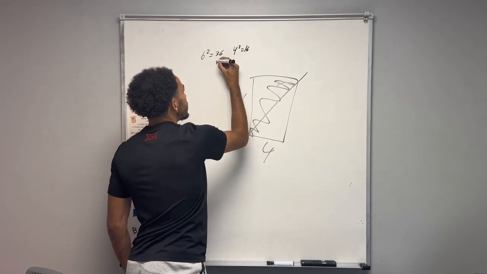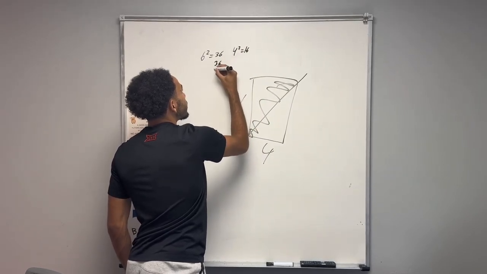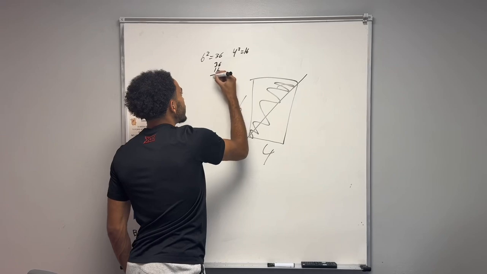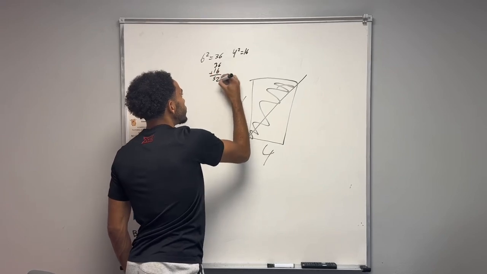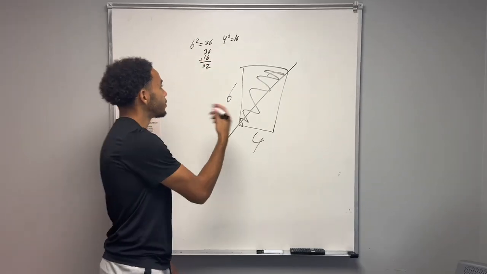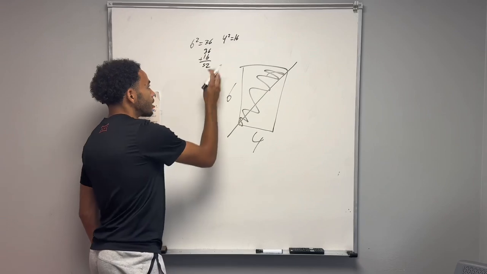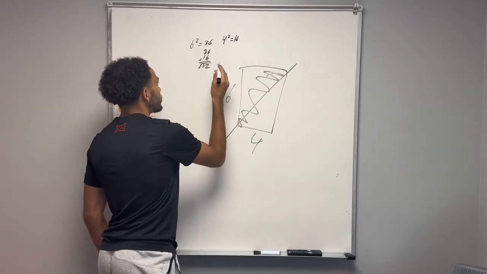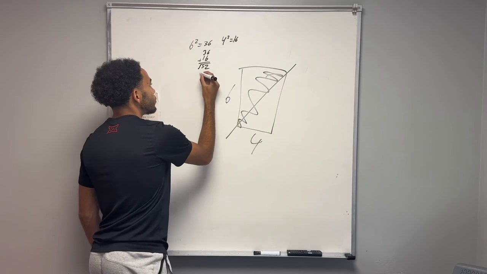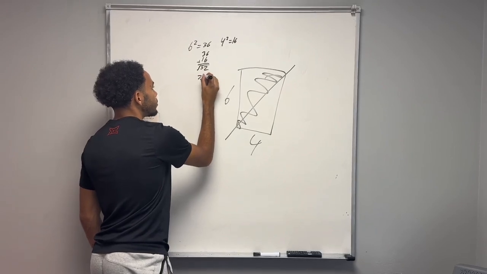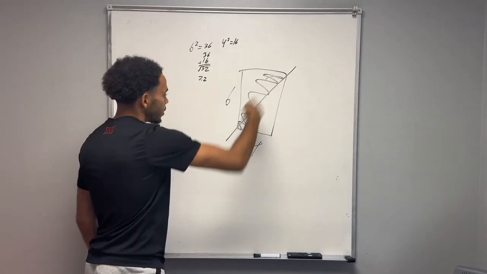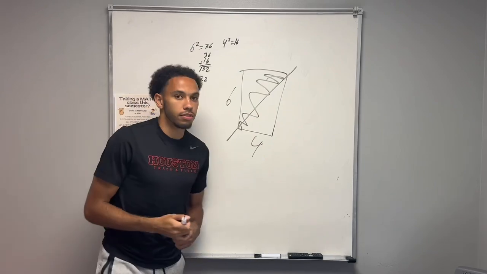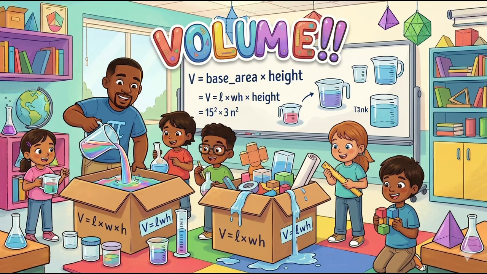So 36 plus 16 equals 52. So 52 is equal to c squared. In order to find c, we're going to have to get the square root of 52, which would be equal to 7.2. So the cut would be 7.2 inches long.